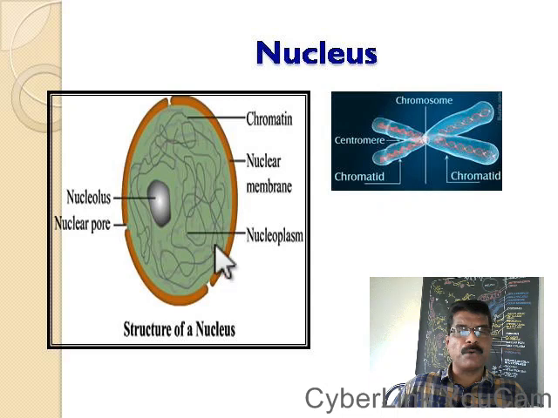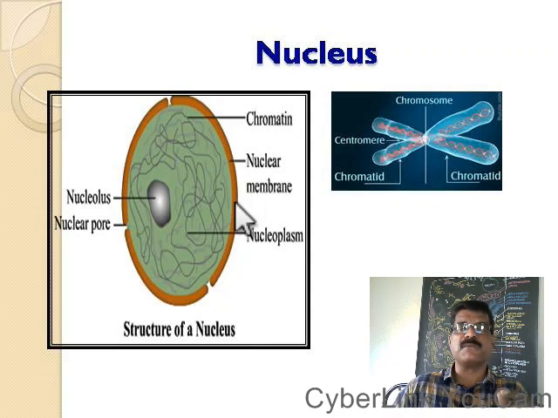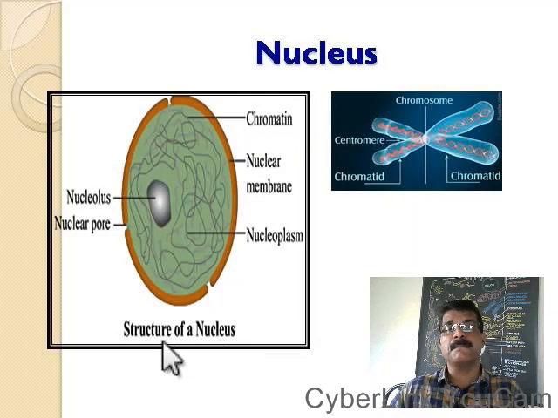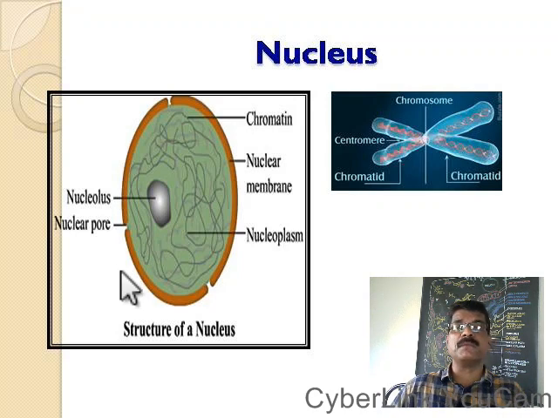You can see small pores present in the nuclear membrane. The nuclear membrane is porous, that means it has small openings. This opening present in the nuclear membrane is known as the nuclear pores. These nuclear pores are responsible for the movement of substances in and out of the nucleus.